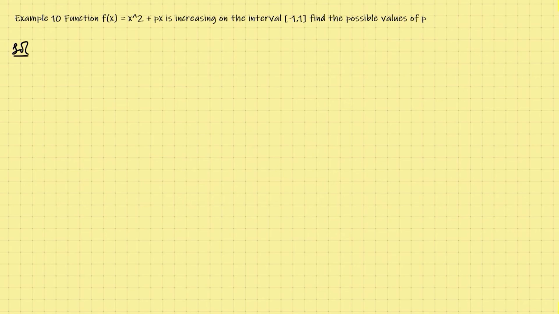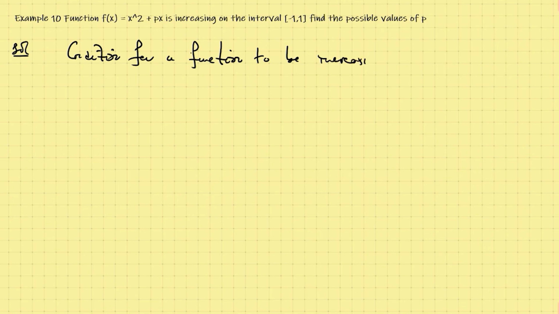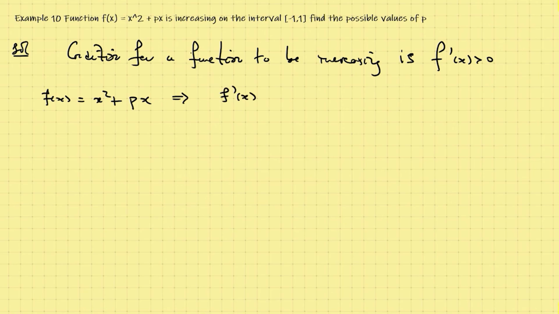So what's the solution going to look like here? Well, we know that the condition for a function to be increasing is that f prime of x is bigger than 0, right? So in this case, since our f of x is x squared plus px, where p is some real number, then our f prime of x, this is very standard, I just differentiate it, I get 2x plus p.